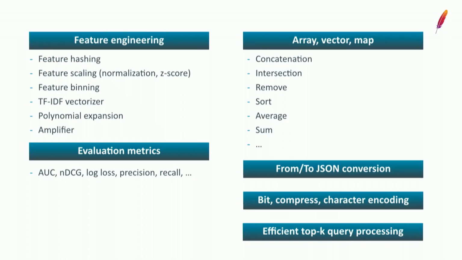For that purpose, Hivemall also provides multiple utility functions to the users, like feature engineering or evaluation metrics, and a bunch of useful array, vector or map operations. Also, recently we have incorporated some JSON conversion operations, which are useful for pre-processing or exporting the table to the outside of Hive.